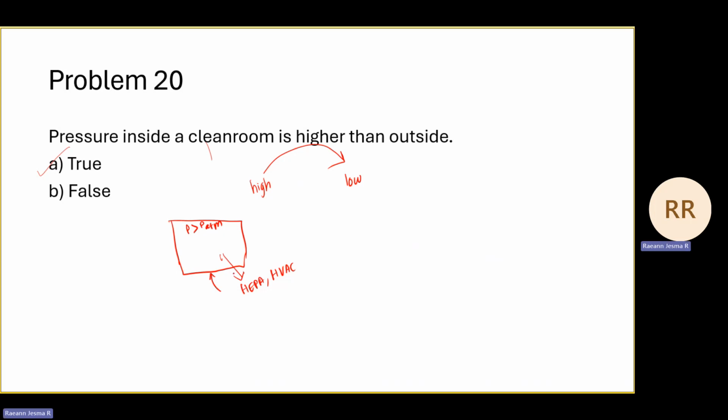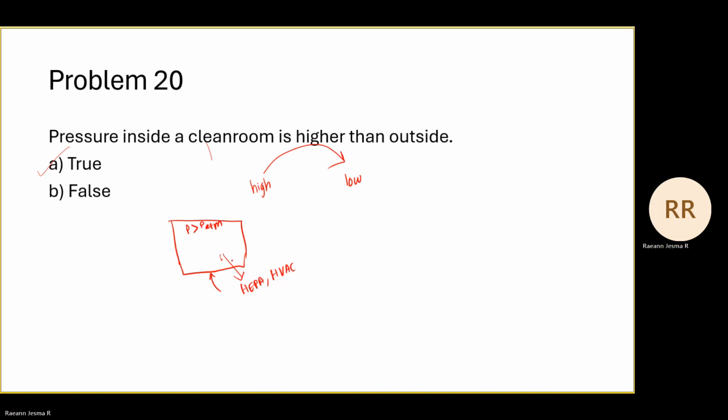In case there is some kind of leak or breach in the clean room, or some door is opened unexpectedly, whatever air is present inside will move outside the clean room, but the reverse will not happen. So the contamination will not occur.